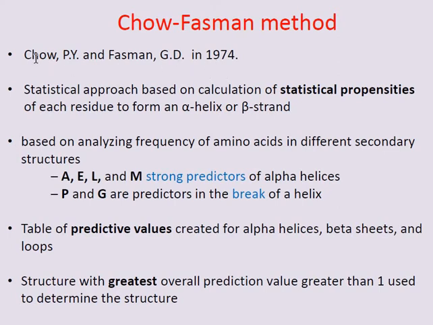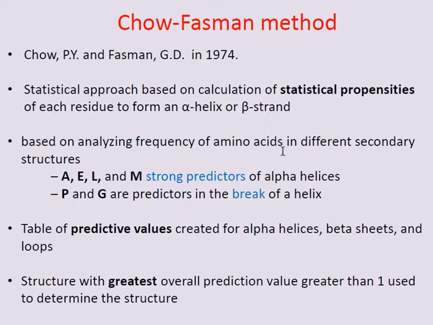It was given by Chou and Fasman back in 1974, and this method is based upon calculation of statistical propensities for residues which can form either alpha helices or beta sheets. So you predict whether a particular residue is present in an alpha helix or in a beta sheet.